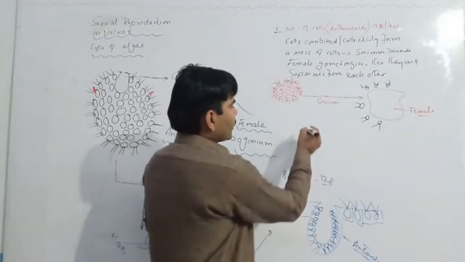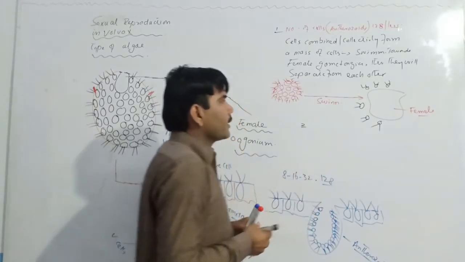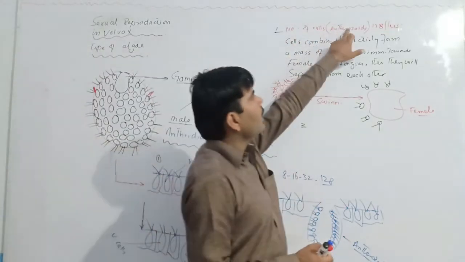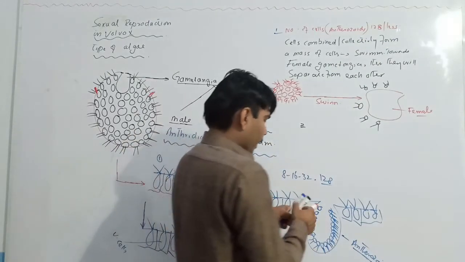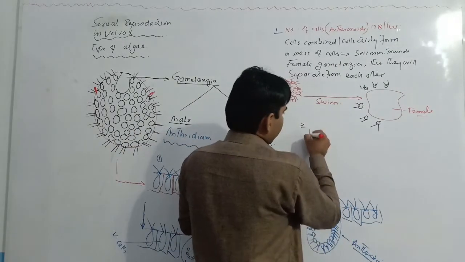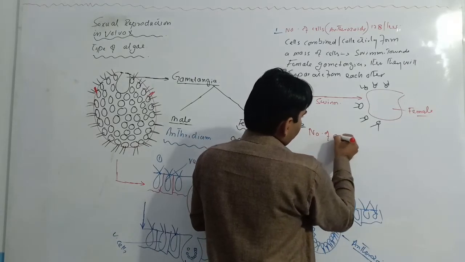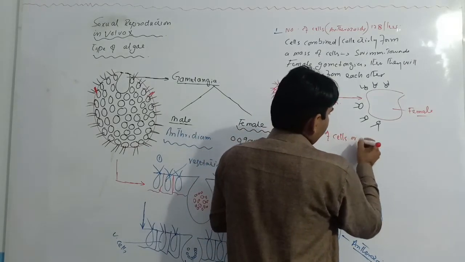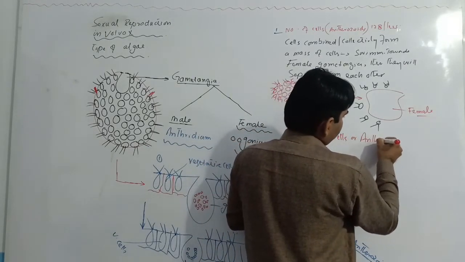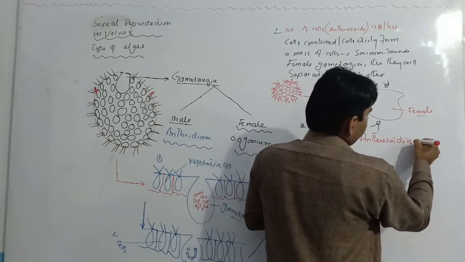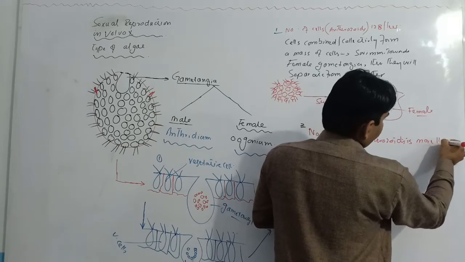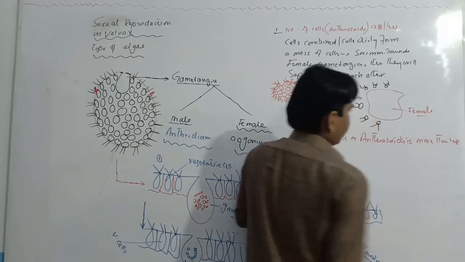Now we are going towards the second case, when the number of cells or antherozoids is more than 128.